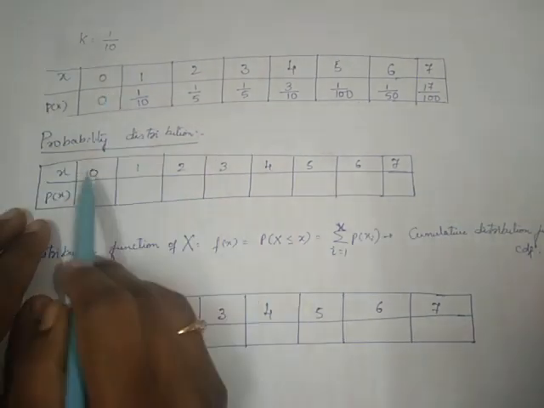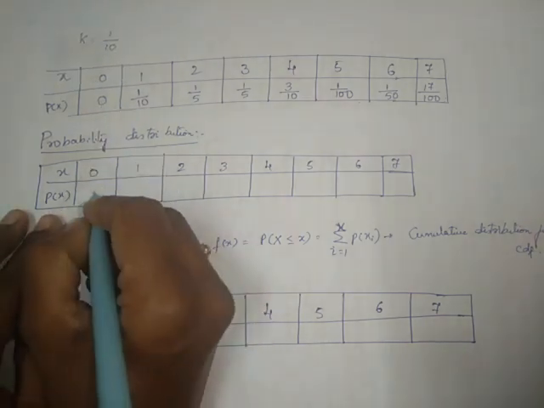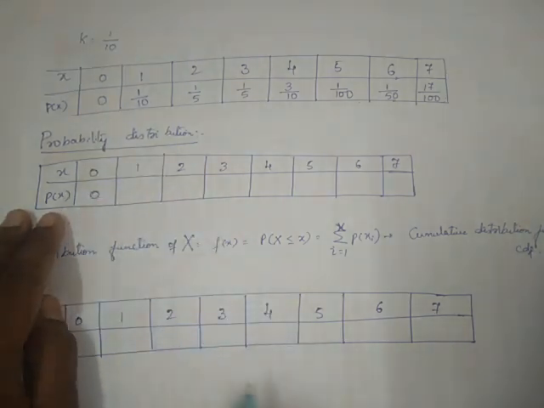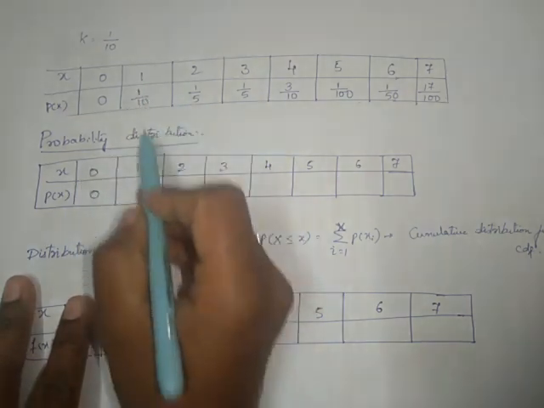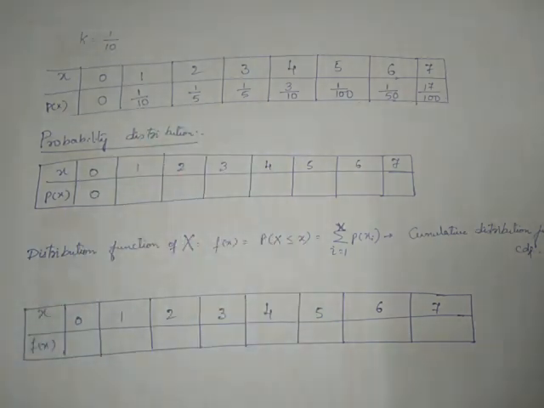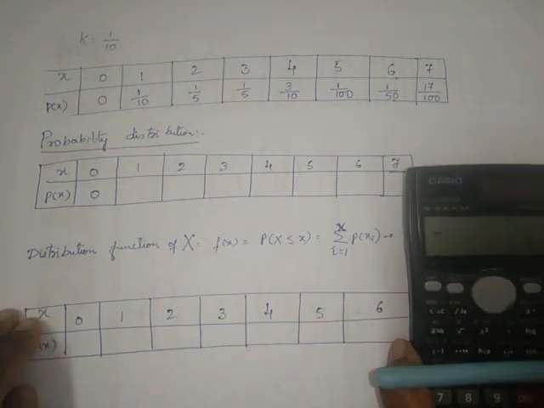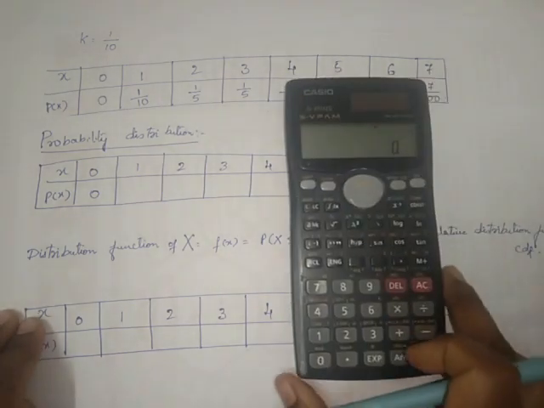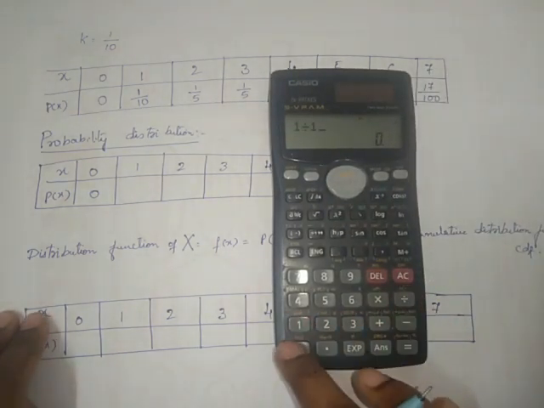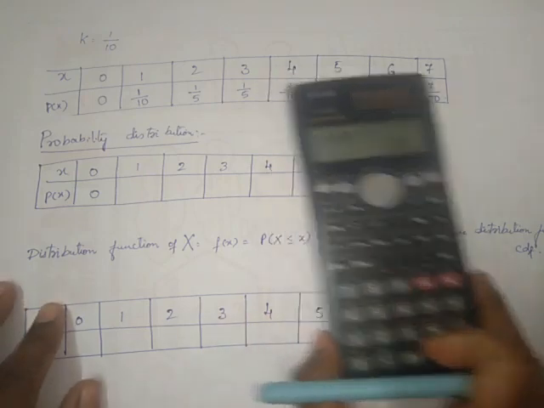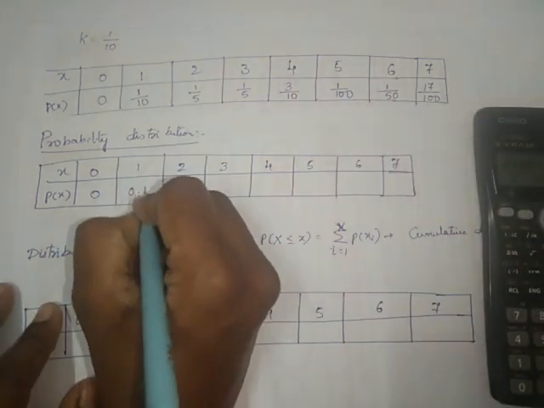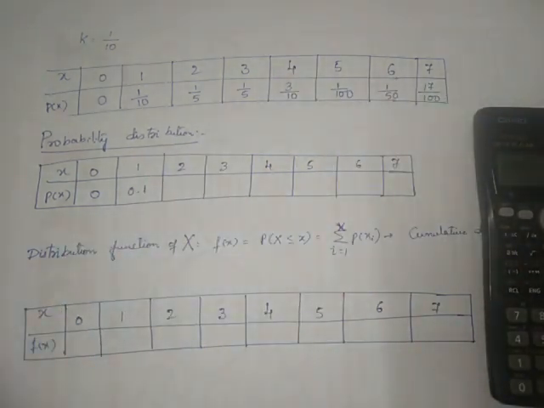X is equal to 0, the value of p of x is 0. X is equal to 1, 1 by 10. Let me convert it into decimal: 1 divided by 10 is 0.1.